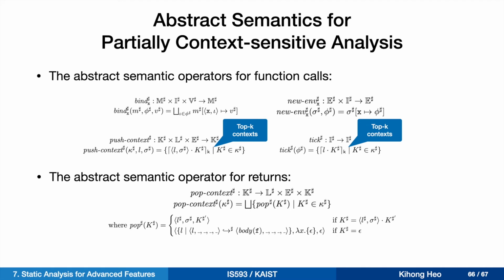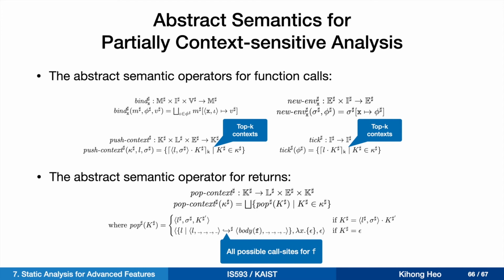Then where should we return after the initial function call? In that case, the analysis has the same behavior as the context insensitive analysis, which means that it conservatively considers all possible call sites for the current function.